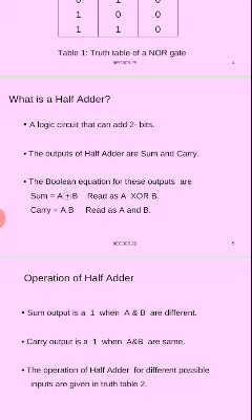The half adder adds two bits at the input side.